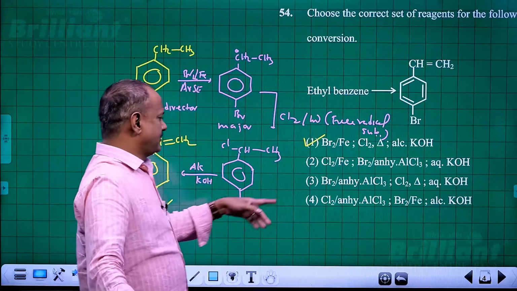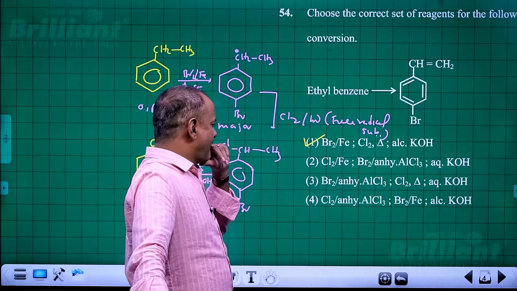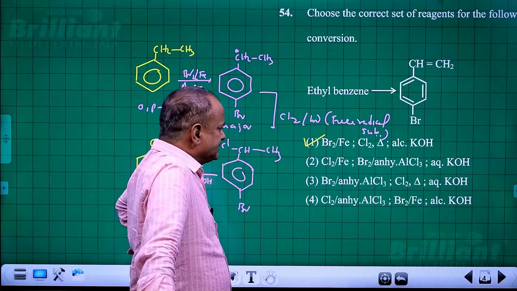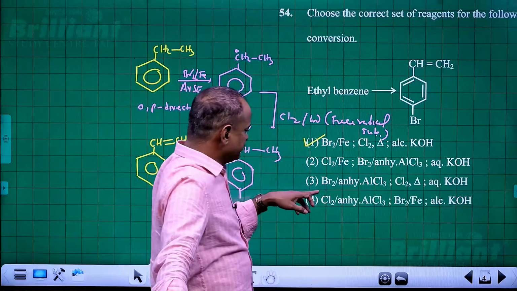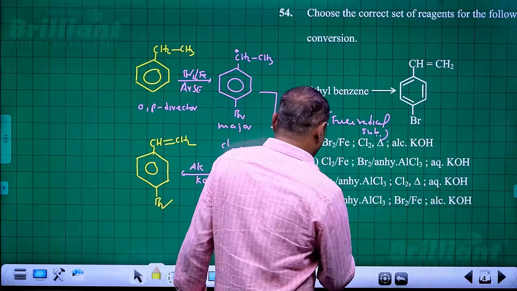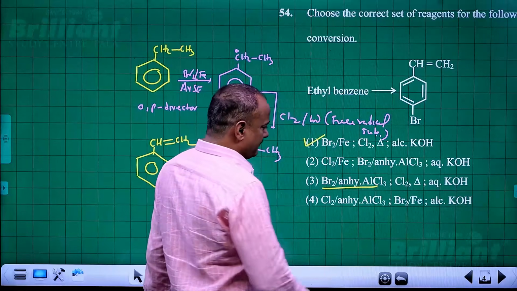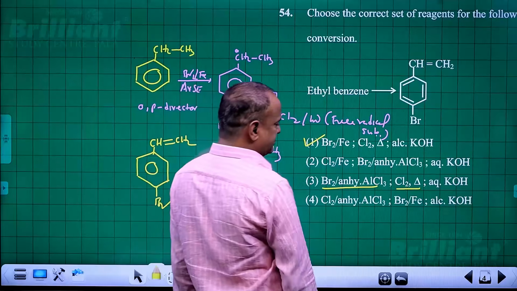Any other possibility? Suppose bromine is possible. Third option also contains, sorry, last one not correct. Third option, if first two correct, that is bromine anhydrous AlCl3 electrophilic substitution, chlorine radical substitution correct, but the last, aqueous KOH given, is not correct.